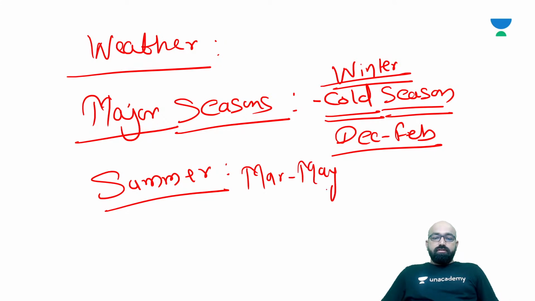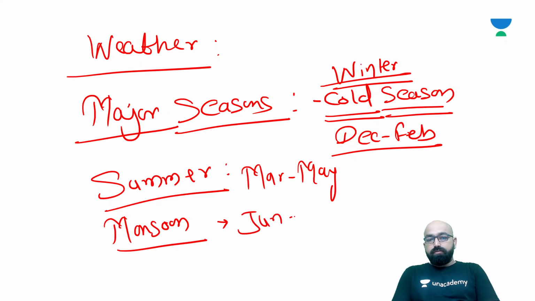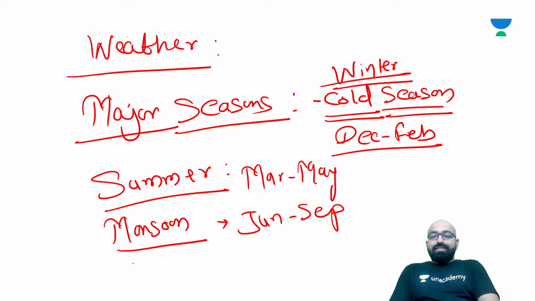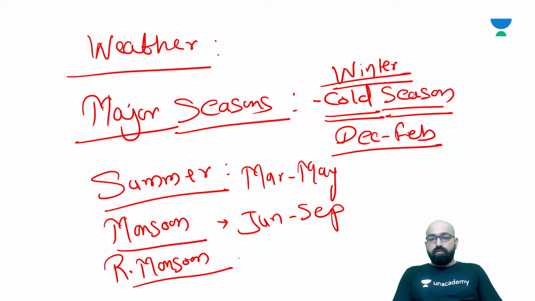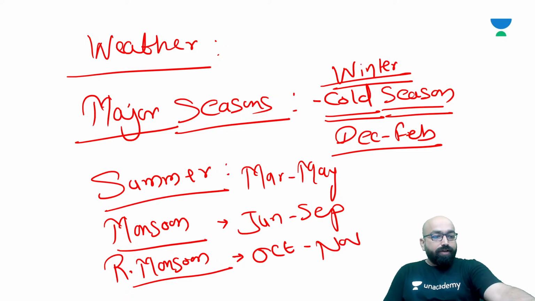Then the rainy season, the southwest monsoon season, from June to September. And then the season of retreating monsoon, that is autumn, from October and November. So, dear friends, these are the recognized seasons in our country.